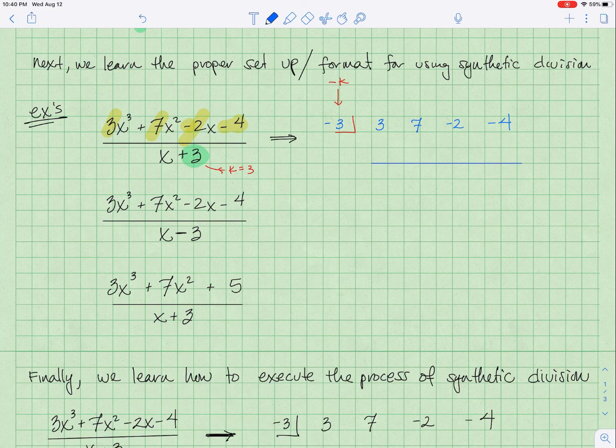So really what's going on is we just have the individual coefficients from our dividend, the polynomial that we're dividing into, and what's most important here is we're using the negative k value, the opposite of that k value. Down here in this next setup, we have our crook setup. We still have the same coefficients, 3, 7, -2, -4.